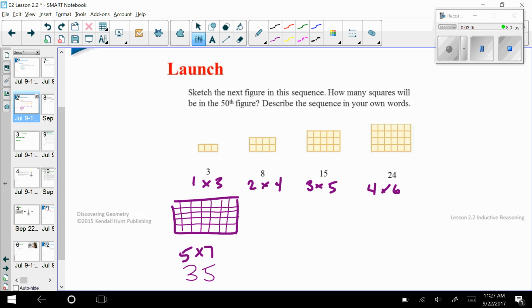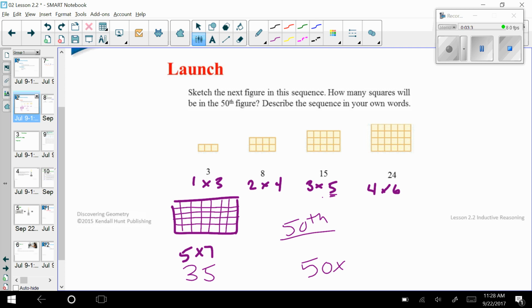Well, what about in the 50th figure? So in the first one we have 1 high, the next one we have 2 high, the next one we have 3 high, 4 high, and 5 high. So in the 50th figure, we're going to have 50 blocks high by, in the first one we have 3, the second one we have 4, so that's 2 plus 2.